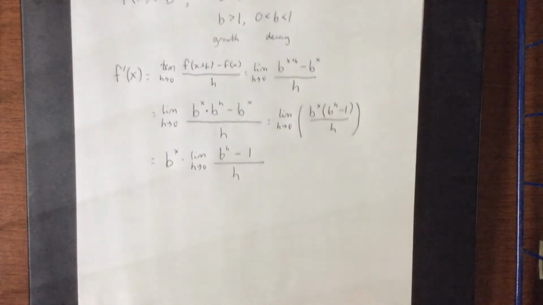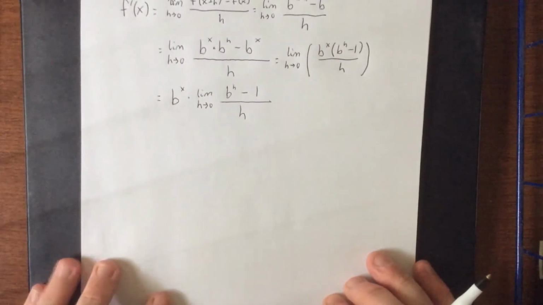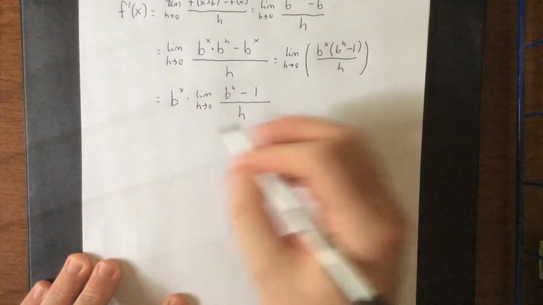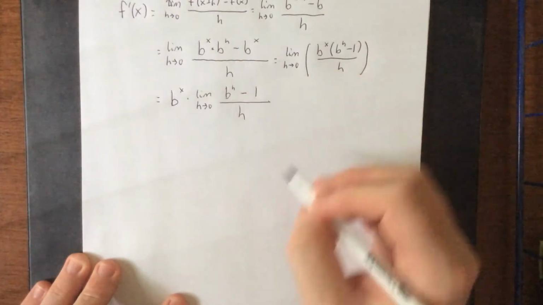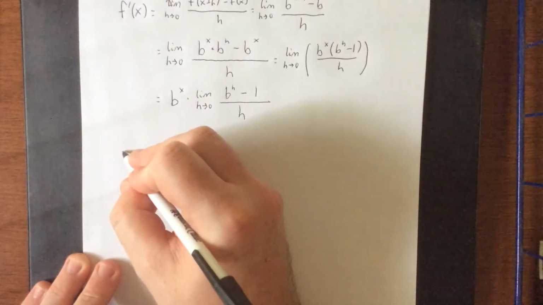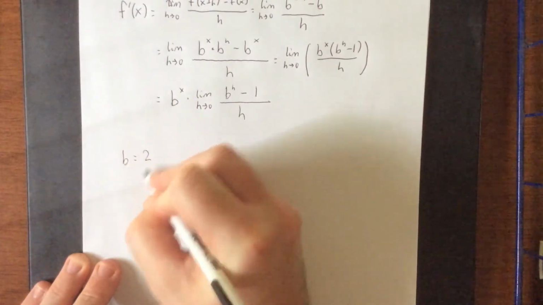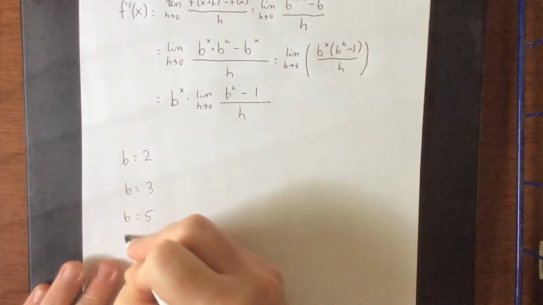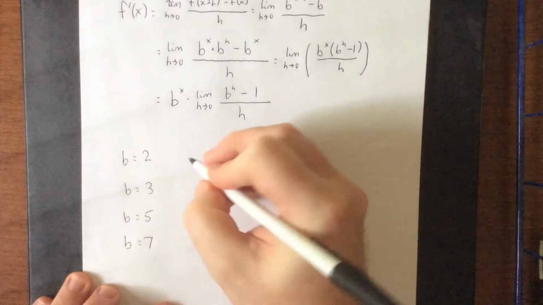Now, what I'm going to do is set up several different values for b and see if we can figure out what this limit is going to be equal to. I'm going to try this out with b equals 2, b equals 3, b equals 5, and b equals 7.